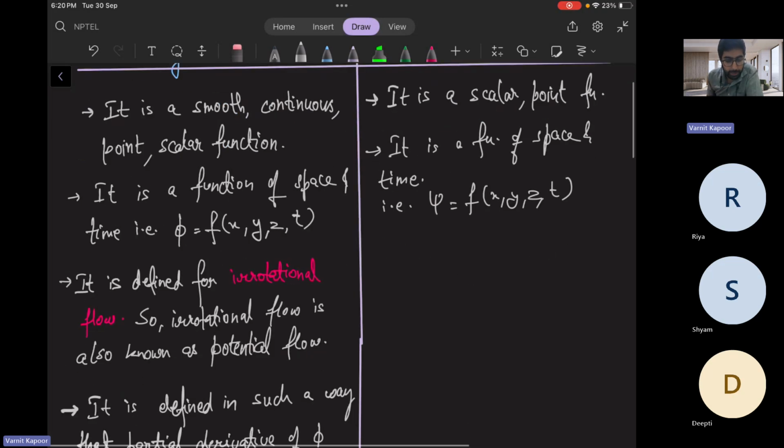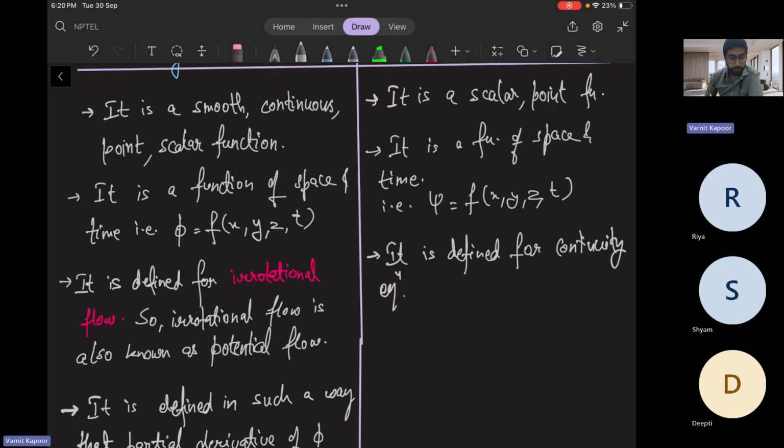It is defined for the continuity equation.